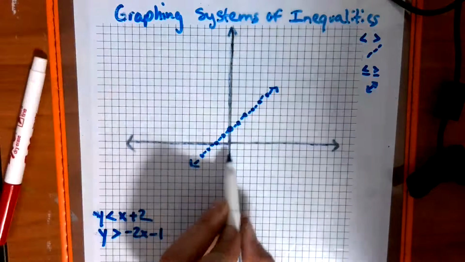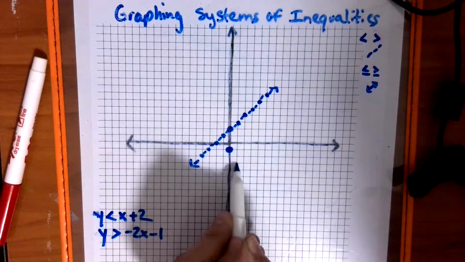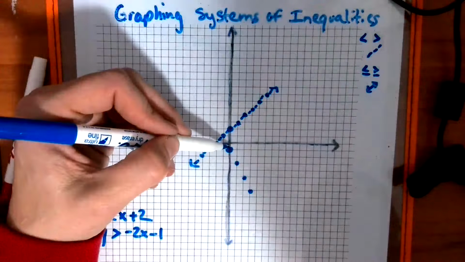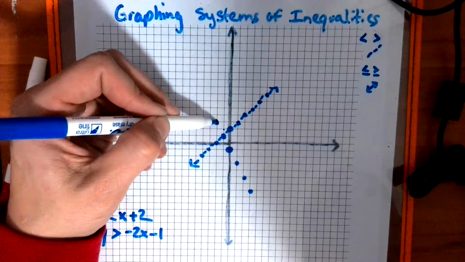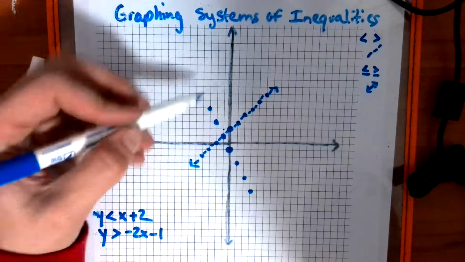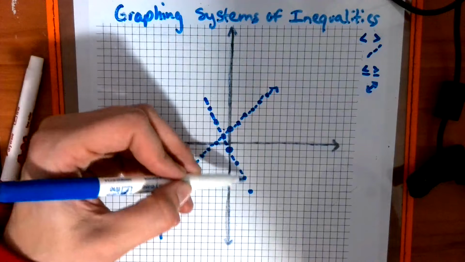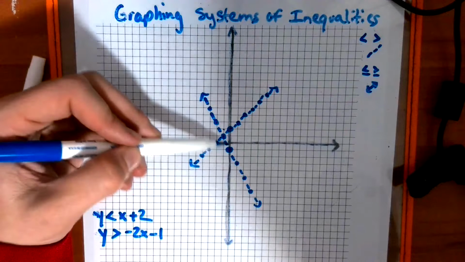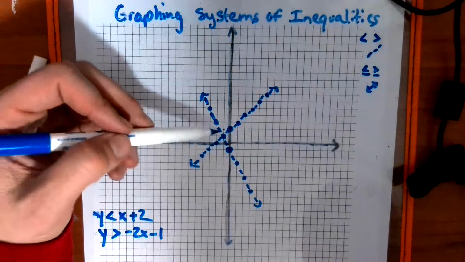And this one starts at the negative 1, down 2 over 1, up 2 over 1, dashed lines. So now this is dashed underneath that, 0, 0 still on that side.